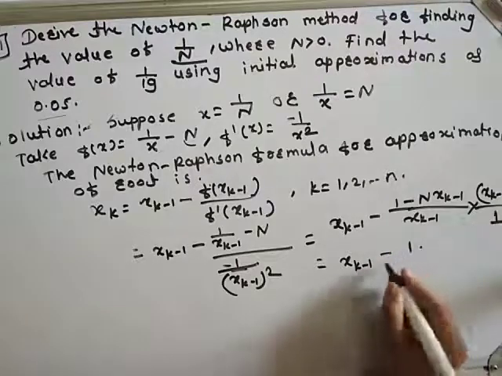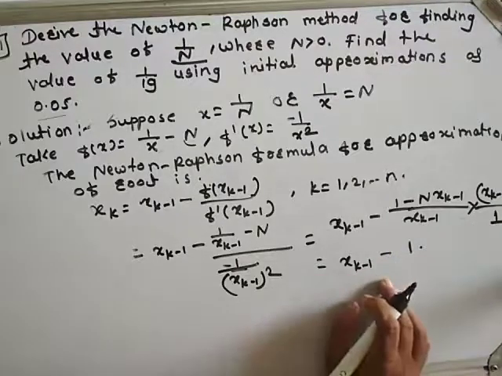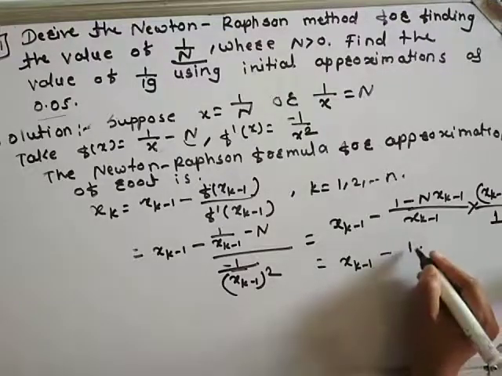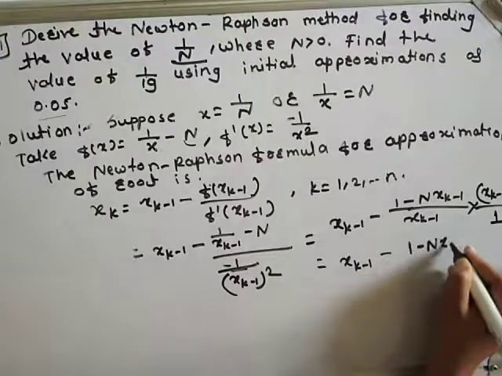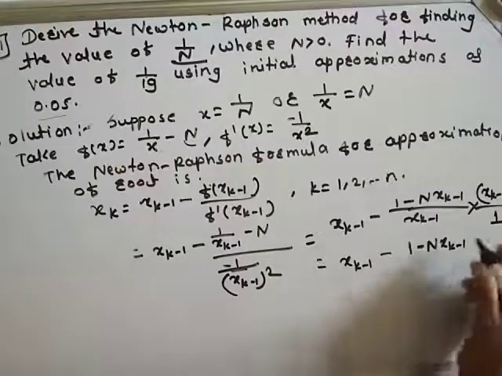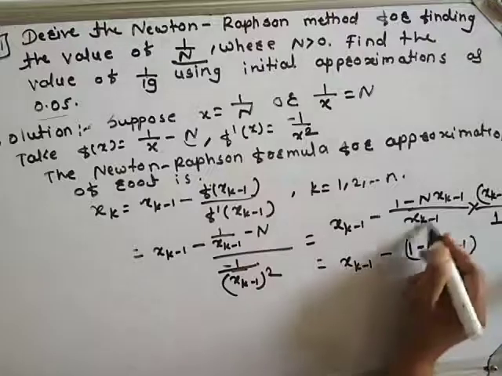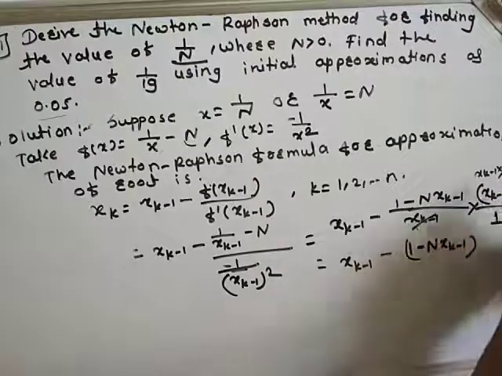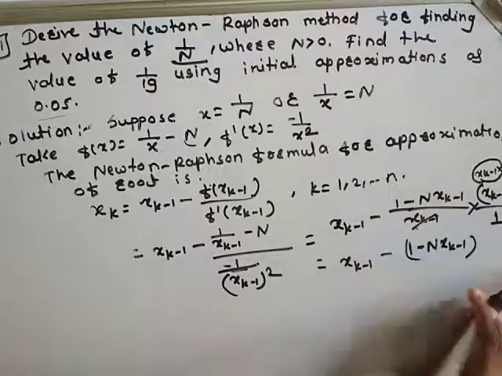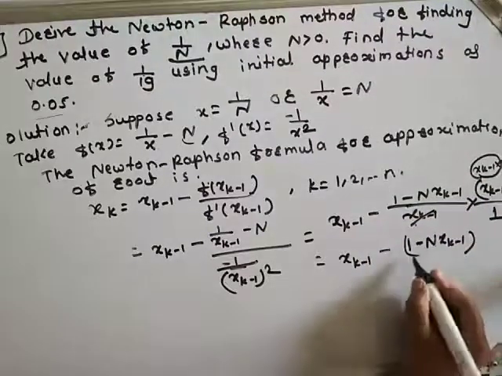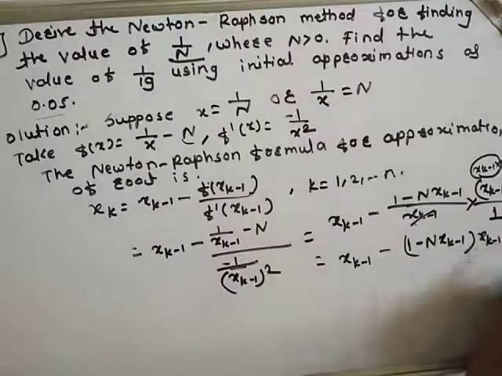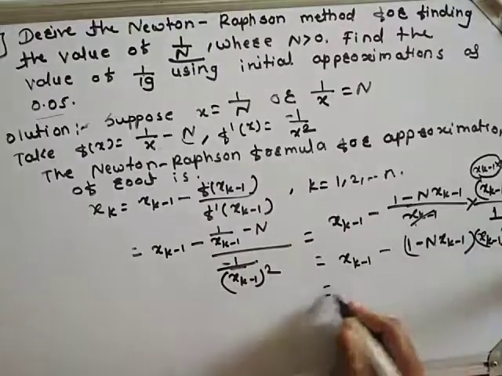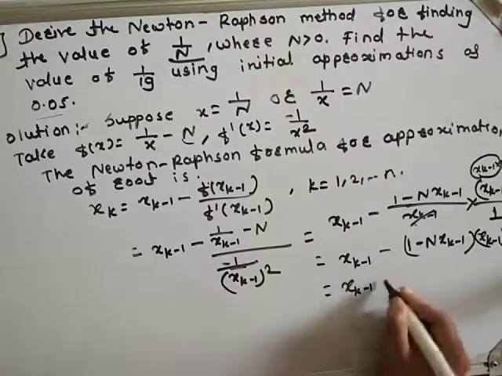Which is equal to xk minus 1 minus (1 minus n into xk minus 1) upon xk minus 1 into xk minus 1 square, where xk minus 1 square means xk minus 1 into xk minus 1. One xk minus 1 gets cancelled, here remains only xk minus 1.